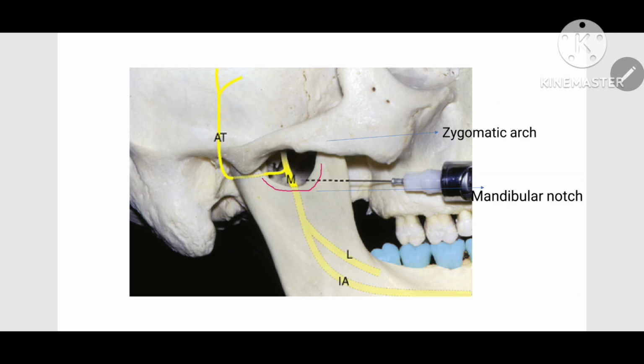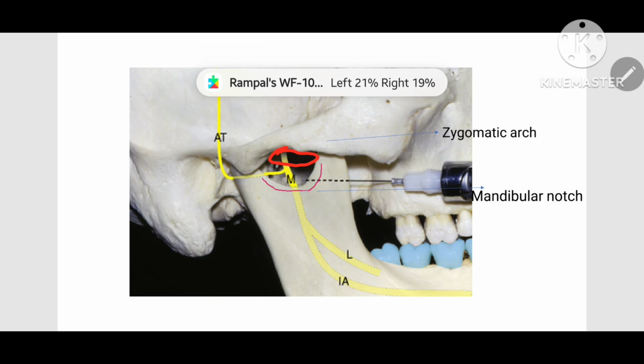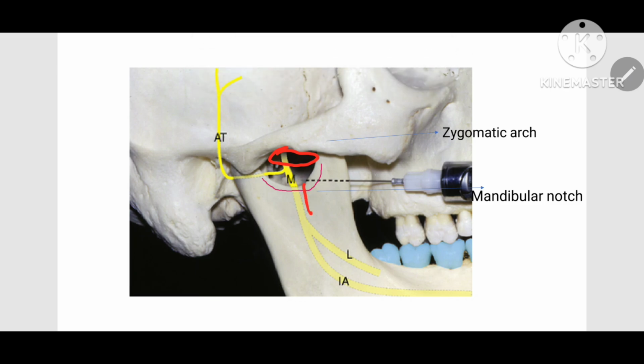Now in this picture we can see the infratemporal region before the nerve enters the mandible. This is the mandibular notch; we feel this mandibular notch, this is the zygomatic arch, and somewhere here the tragus will lie.